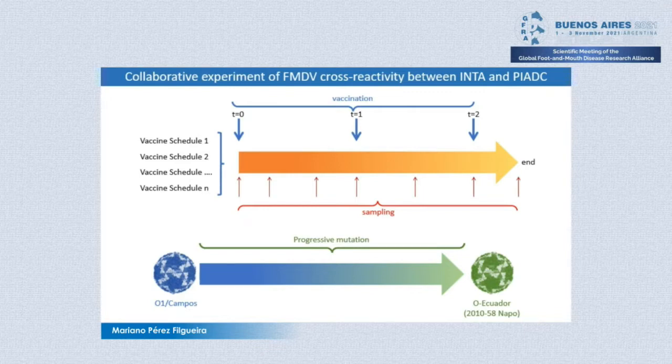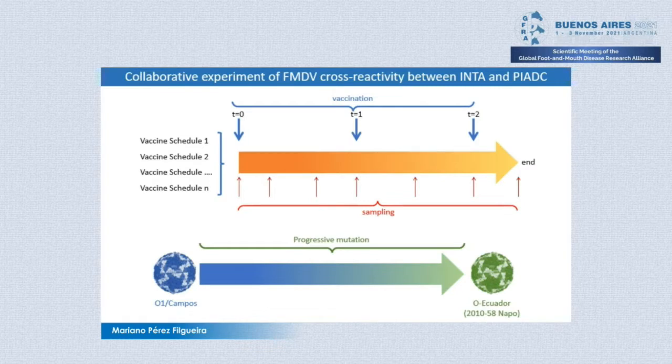But at the same time, we will test this with a set of chimeric viruses that will go between a vaccine strain, the O1 Campos, and a field strain, O Ecuador, that during 2009 and 11 really was a problem in South America, because it did not fit very well with the O1 Campos, and it was really a failure of these vaccines.